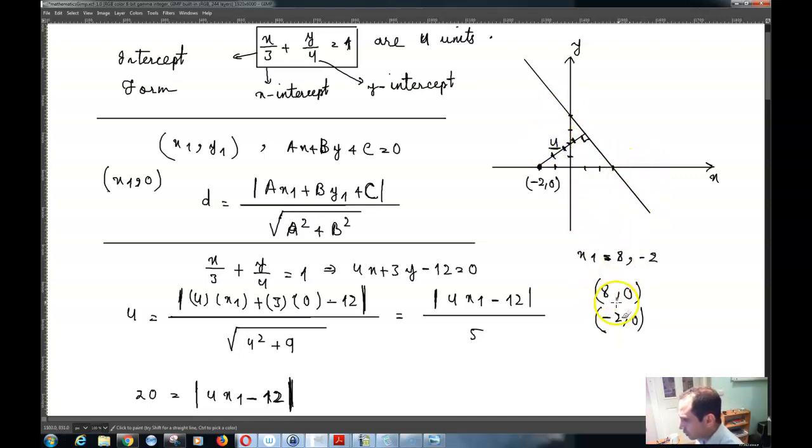And also if you go for 8, 0, 1, 2, 3, 4, 5, 6, 7, 8, the perpendicular distance of this point from this line is also 4 units. So you get 2 points over here, 8, 0 and negative 2, 0. In both cases, the perpendicular distance of the point from this line is 4 units.